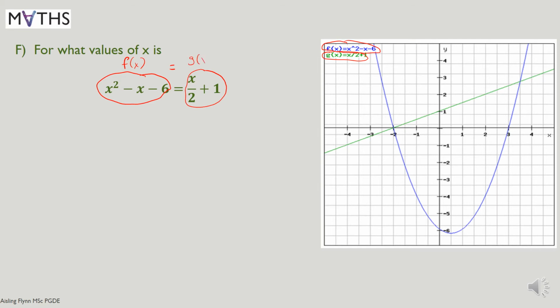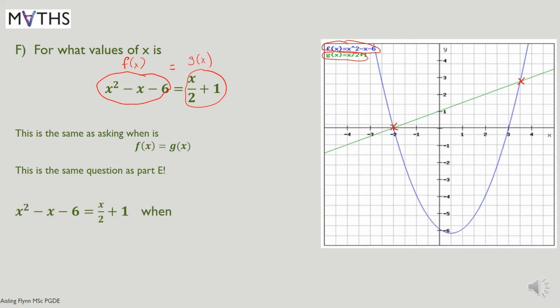So in actual fact this question is exactly the same as the previous one. This is the same as asking when is f of x equal to g of x. We found those two places and we should give the same answers. This is the same question as part E, and they are equal when x is minus 2 and x is 3.5.